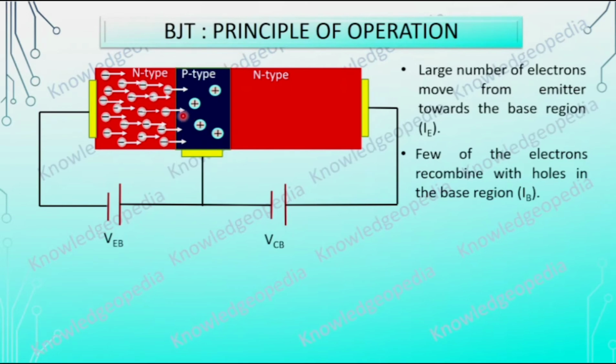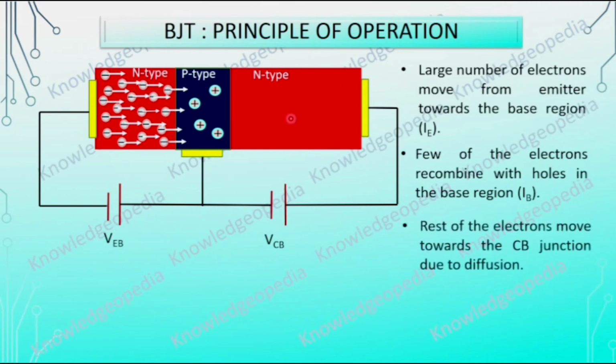So definitely, because of the concentration gradient, there is diffusion of electrons from the emitter base junction side to the collector base junction side. Once those electrons diffuse from this side to this side, they will shift into this region. So the rest of the electrons move towards the collector base junction due to diffusion.